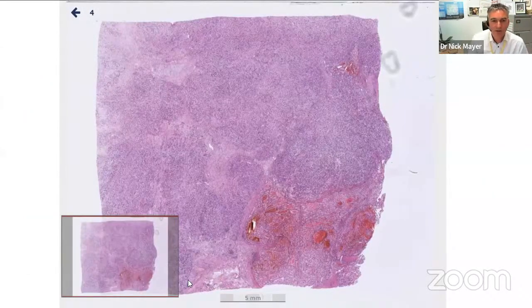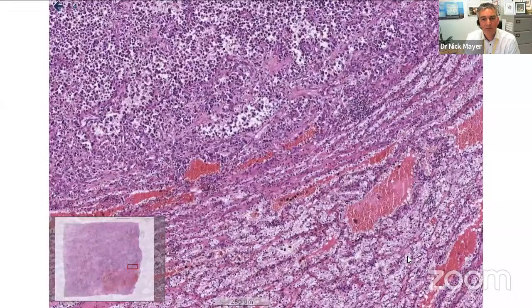And this is a low power shot of the scan slide. This is all morphologically similar tumour up at the top, and then there was another area here which was slightly different.